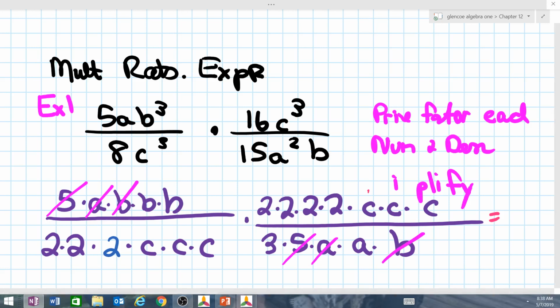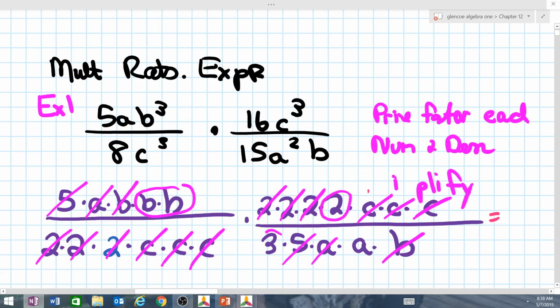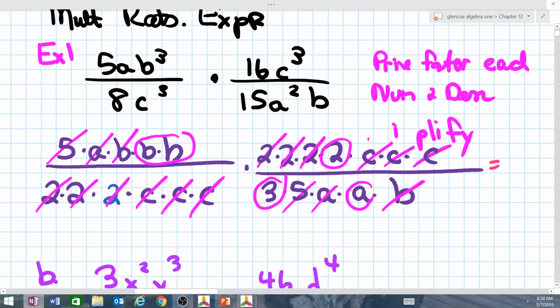Now let's look at the denominator. I have 3 2's, which cancel with 3 2's. I have 3 c's, which cancel with 3 c's. I highly recommend that you circle your leftovers. Otherwise, you're going to mess up. So then whatever is left in the numerator gets multiplied together.